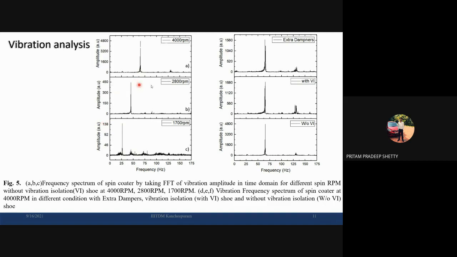You can see, right? To reduce that vibration amplitude, we incorporated the isolation. So this is without vibration isolation, the same image, same graph. Now with the vibration isolation shoe.